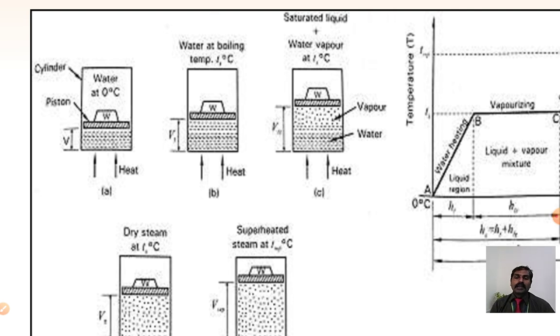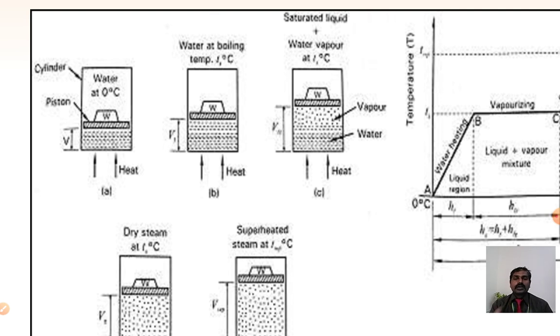When I heat it, the water at 0 degrees just starts to boil, slightly. That is VF, the volume of liquid. You can see the volume increases when heat is added. After that, if you still give heat, some portion of the water becomes vapor and the remaining is water.